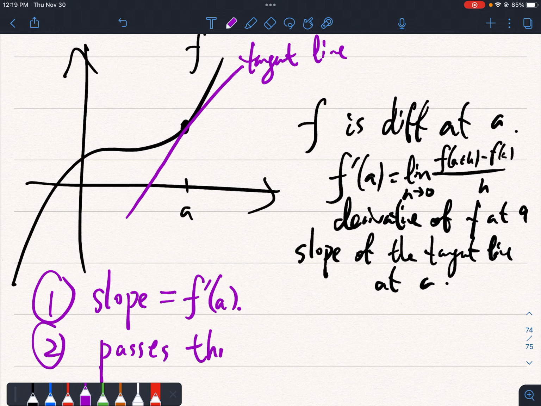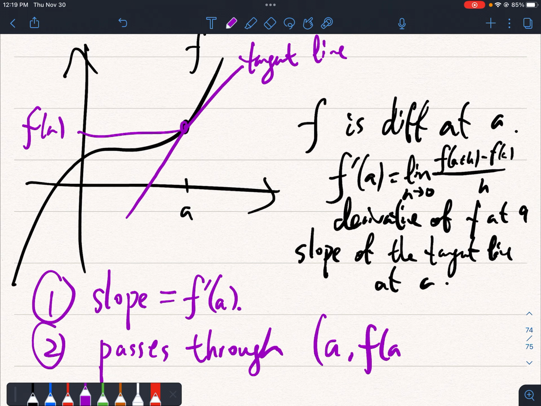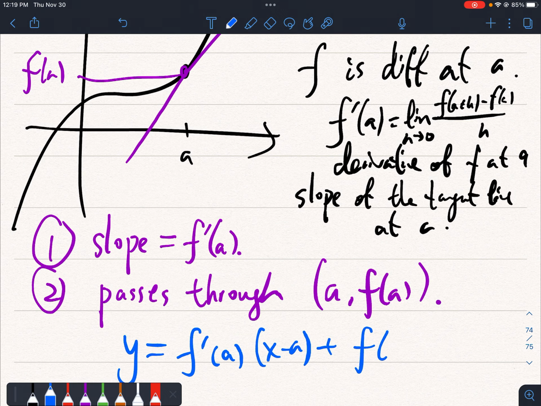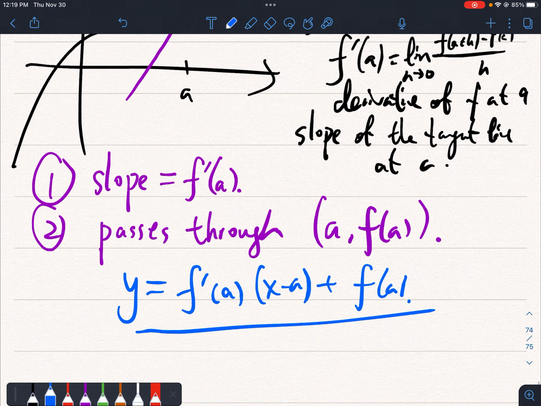And the second thing is that this tangent line must pass through the point A, f of A, right? And then use your high school knowledge, you can write the expression of the tangent line. So it is y equals f prime of A times x minus A plus f of A.